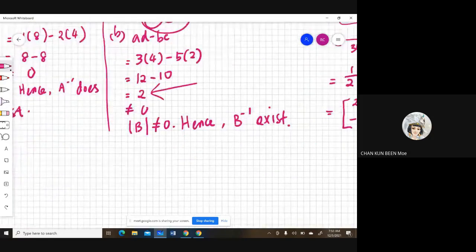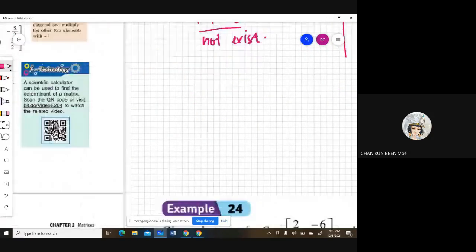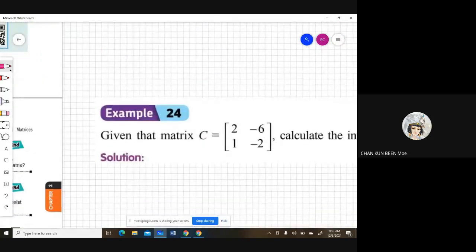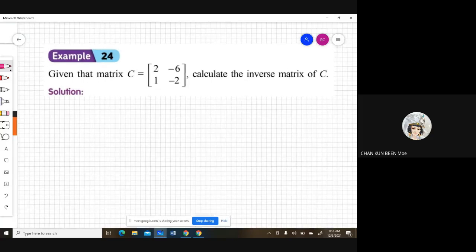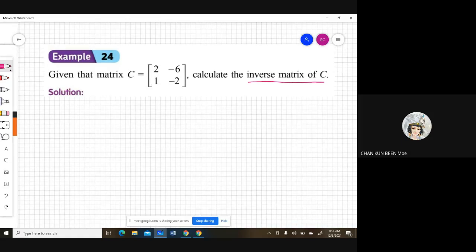Now we continue with example 24. If you look at example 24 over here, you're given matrix C equal to [2, -6; 1, -2]. Calculate the inverse matrix of C. So easy already. It's just like the question that we did just now for question B. So what you do is find the inverse of matrix C by using the formula.